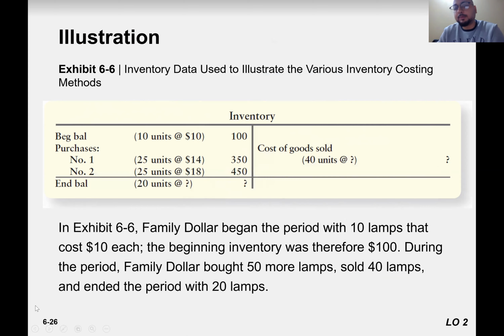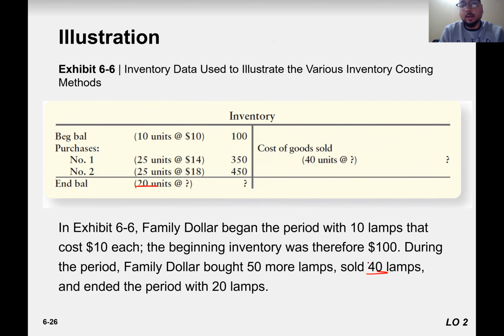They sold 40 lamps, and it means 20 are left. So even if you're a layman, there is a challenge for you. They sold 40 lamps, right?